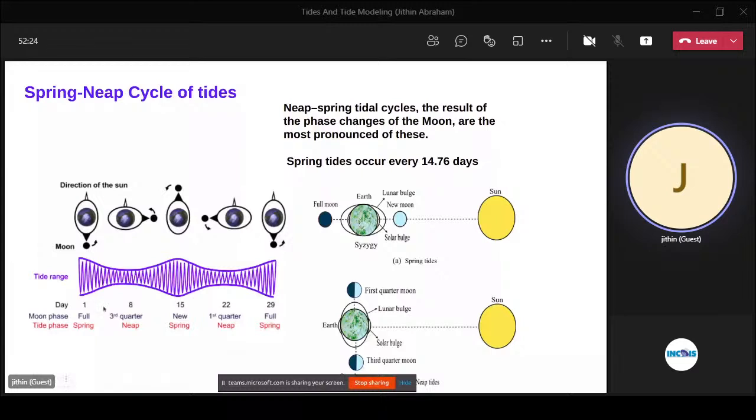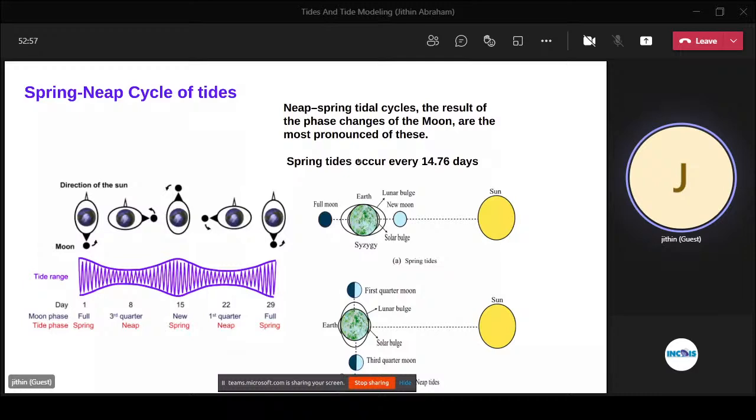When the Sun, Moon and Earth are in perpendicular alignment, the tide generating force will be lesser. During that period, it will create very low tidal oscillations. That period is known as the neap period. Here we can see the spring-neap cycle of the tides over a period.